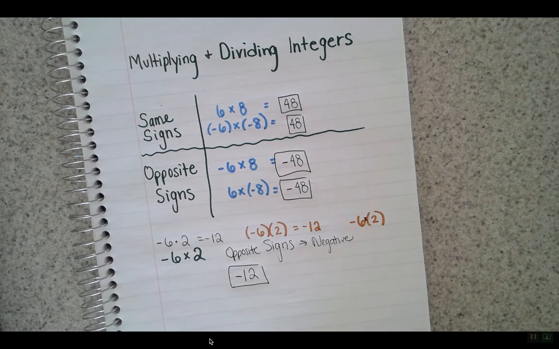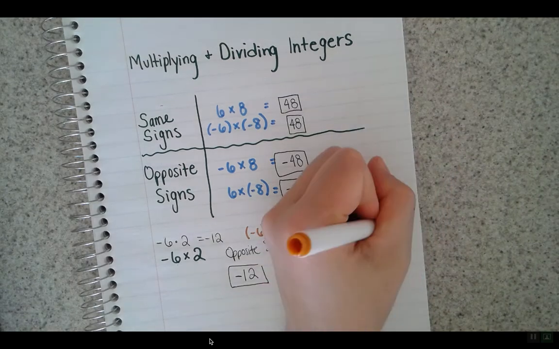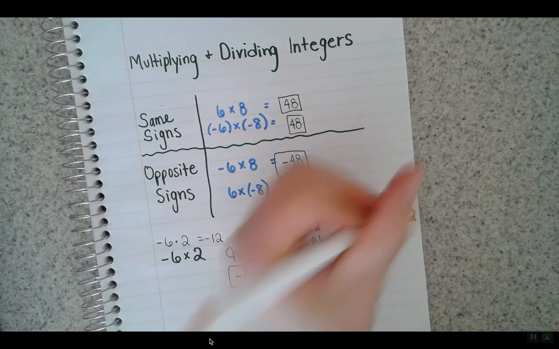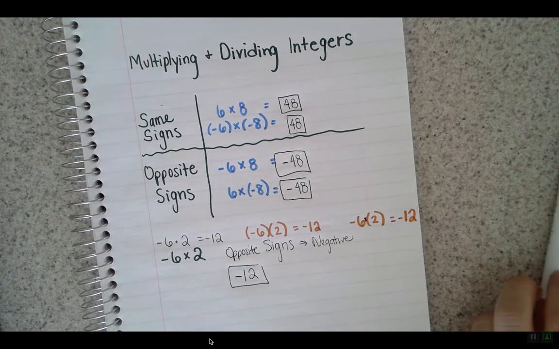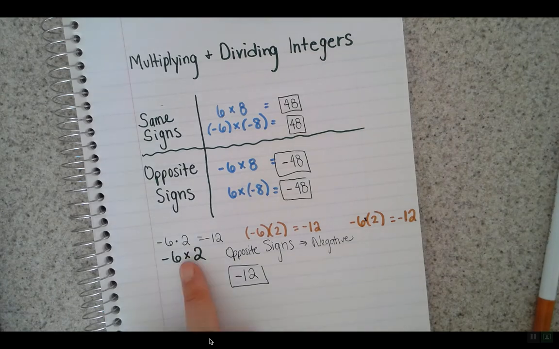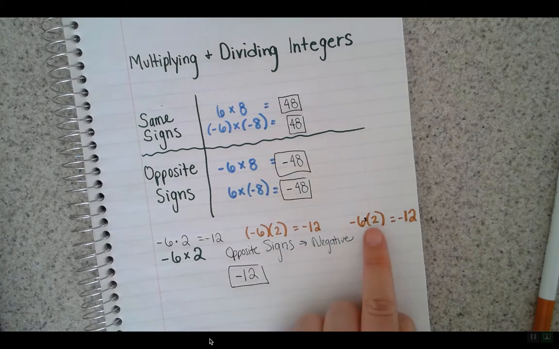It's just invisible to save space. So your answer again here would be a negative 12. Okay, I will give you a variety of problems on your homework and in future assignments. Sometimes I'll use the multiplication sign, whereas sometimes I'll use parentheses and no multiplication sign at all.